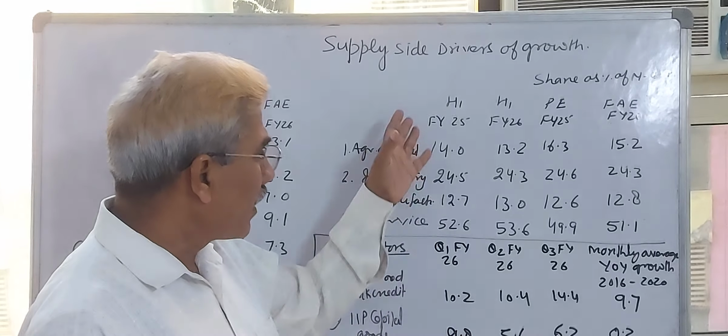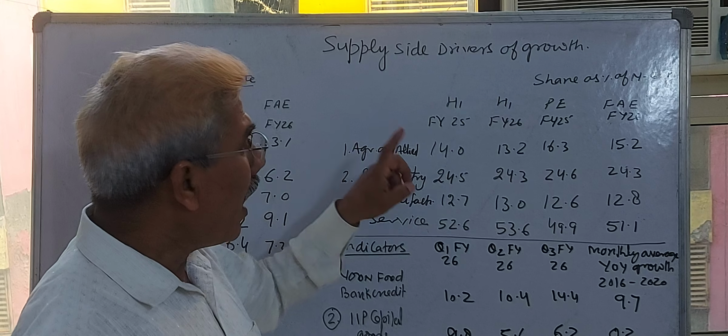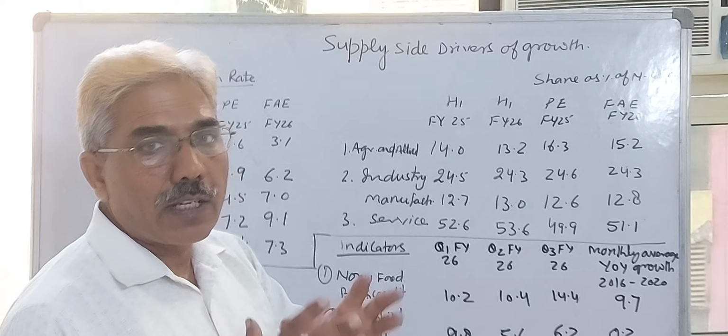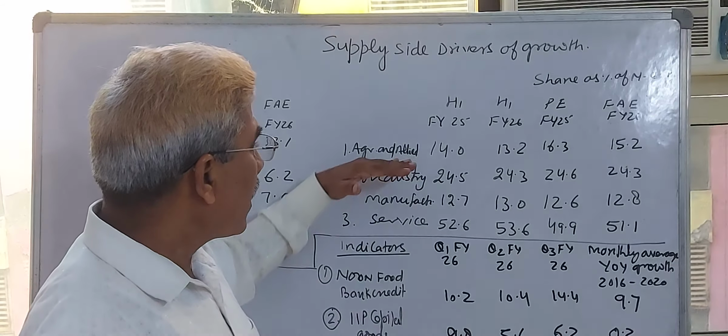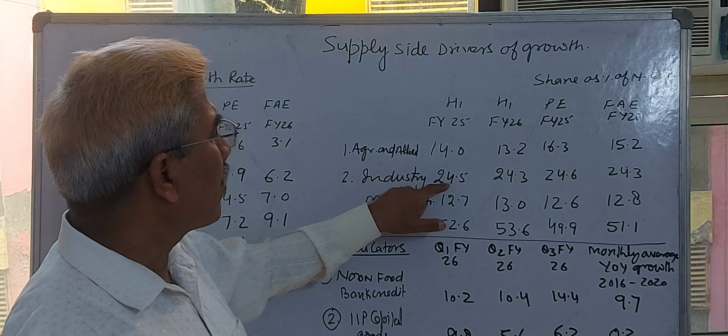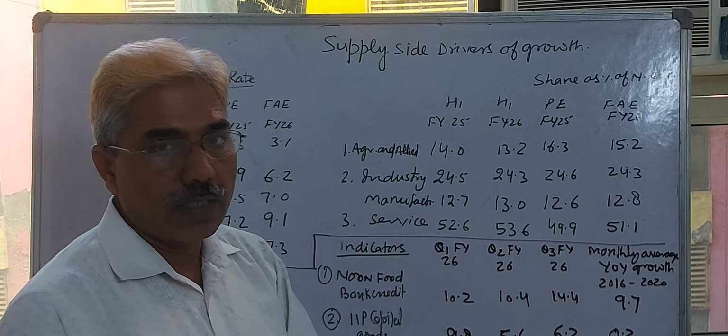In our total nominal GDP, say 100%, in H1, meaning half of the financial year 2024-25, April, May, June, July, August, September, the share of agriculture and allied sector in our total nominal GDP was 14%, industrial sector 24.5%, and service sector 52.6%. What does it mean?